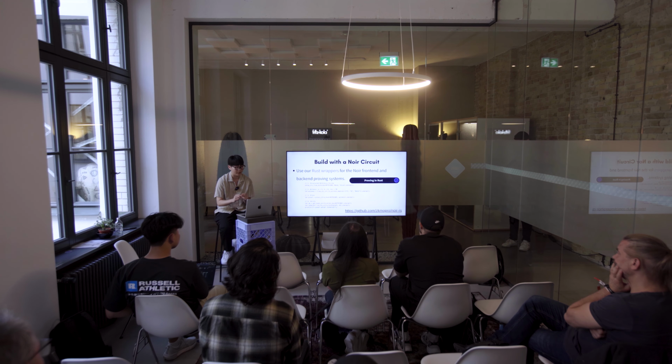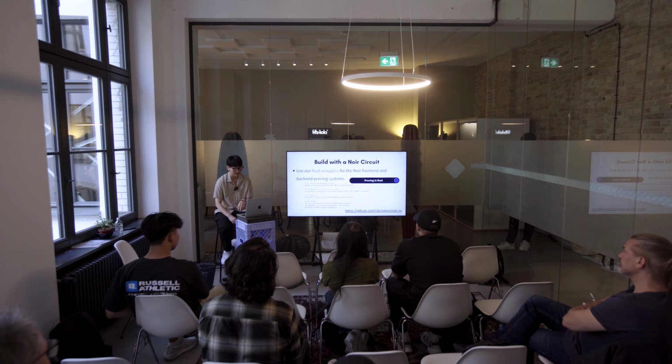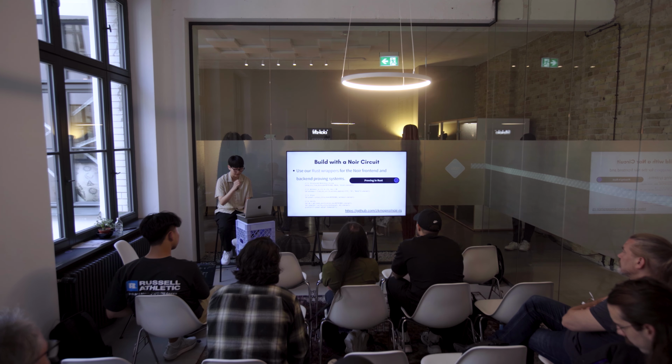For example, we use the binary and have an interface called prove ultra honk, and you can send inputs, witness, and the circuit into this function, and it will execute prove ultra honk exactly like the C++ code does.